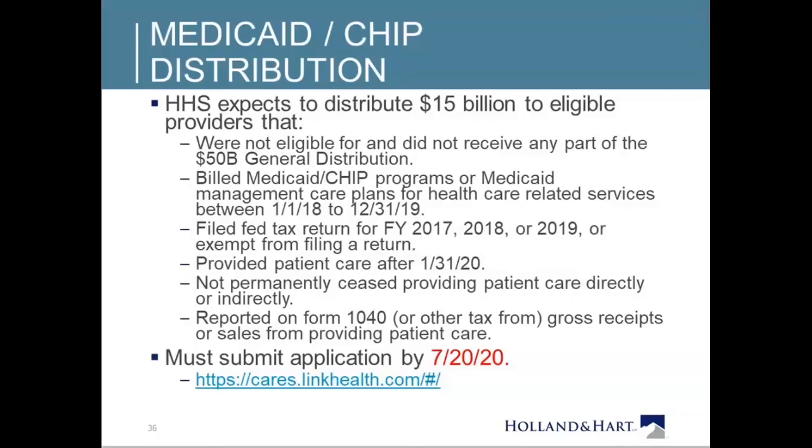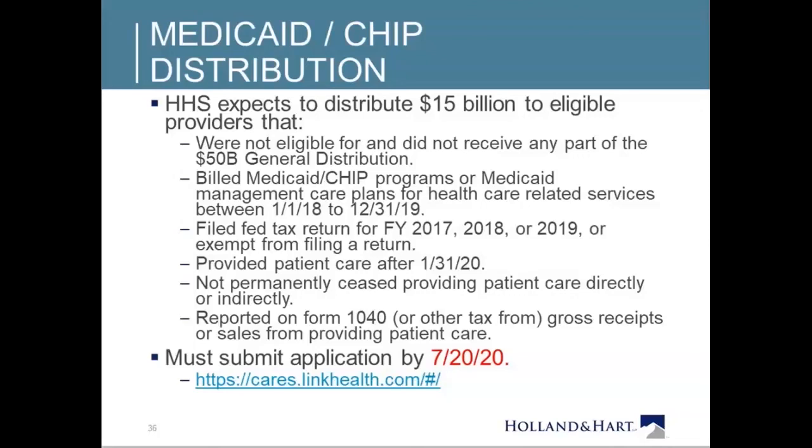It only applies to those entities that were not eligible for and did not receive any of the $50 billion in the general distribution. If you receive money in the general distribution, then you are not eligible to participate in this next round of Medicaid CHIP distributions, even if you're a Medicaid or CHIP provider.